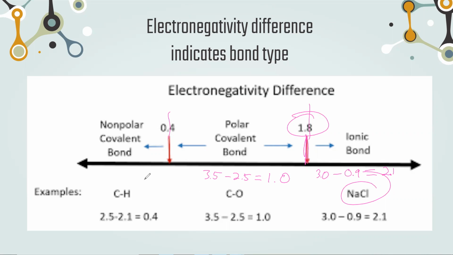And then if you move over here and you're looking at the bond in between carbon and hydrogen, carbon having 2.5 electronegativity and hydrogen having 2.1, in that case, we get a 0.4 difference, which falls under a non-polar covalent bond. Now, what I want to say about that is it's not perfectly non-polar, right? There's still a little bit of a difference here.